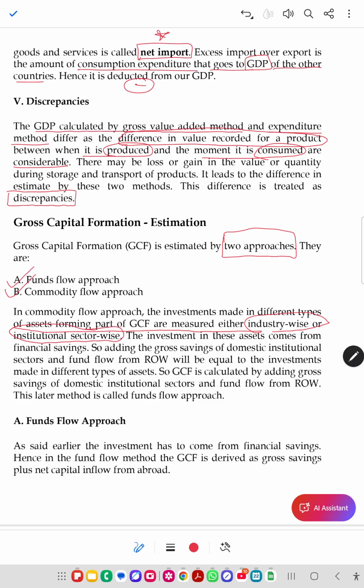The investment in these assets comes from financial saving. Okay, so adding the gross saving of the domestic institutional sectors and the fund flow from the rest of the world will be equal to the investment made in different types of assets.